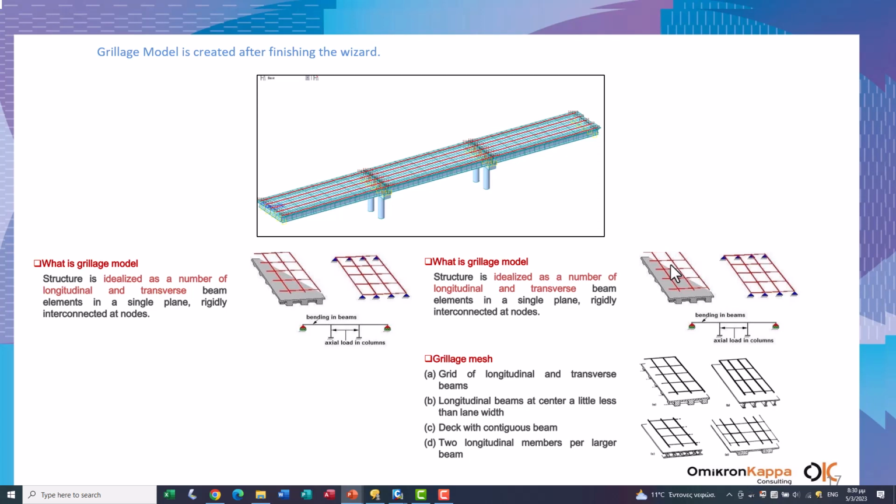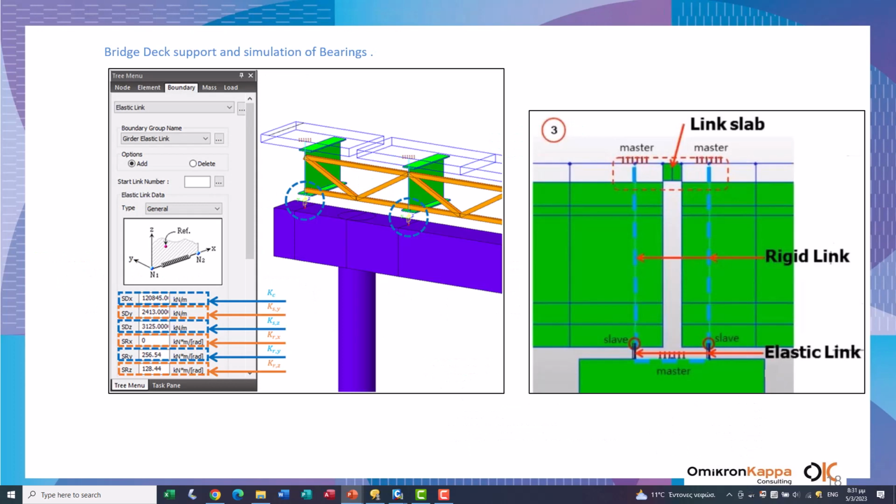So the grid is made of longitudinal and transverse beams. Longitudinal beams are centered at a little less than the lane width. If we have a deck, then we have a continuous beam. Here we see how we create the complete model. The bridge is simulated using elastic links in the bearing position and rigid links for the beam height.